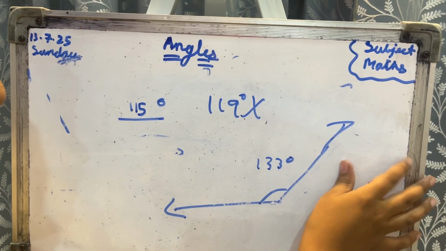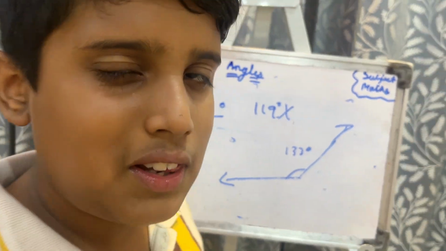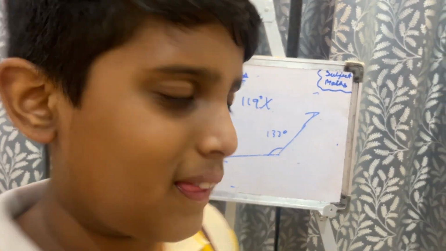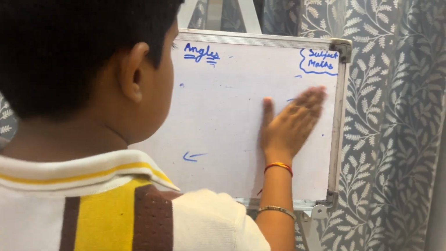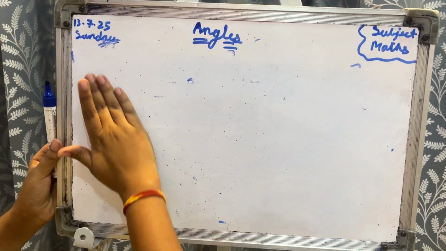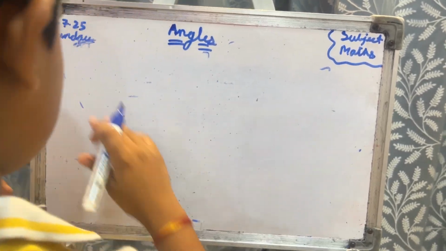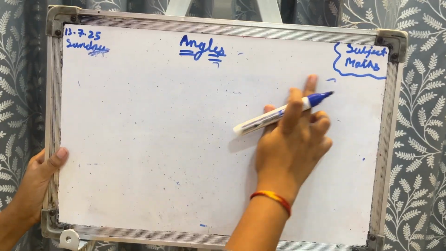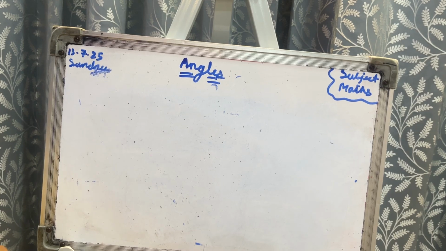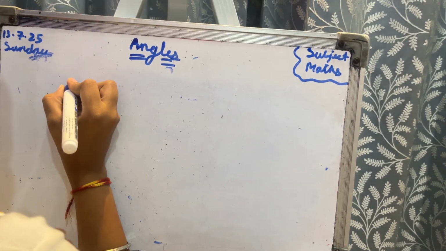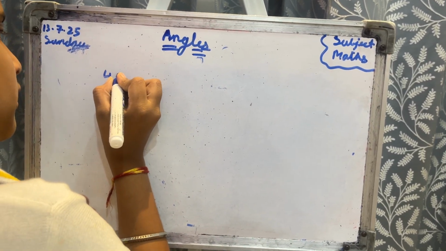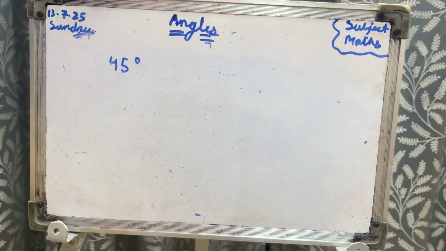Is this clear? Now we will do how to draw angles. This is the main topic of our lesson. Then we will do sums based on angles. For example, if you get an angle of 45 degree, how will you draw it?